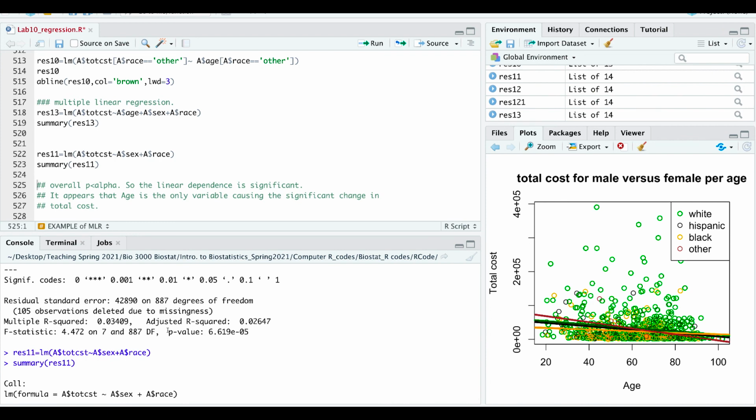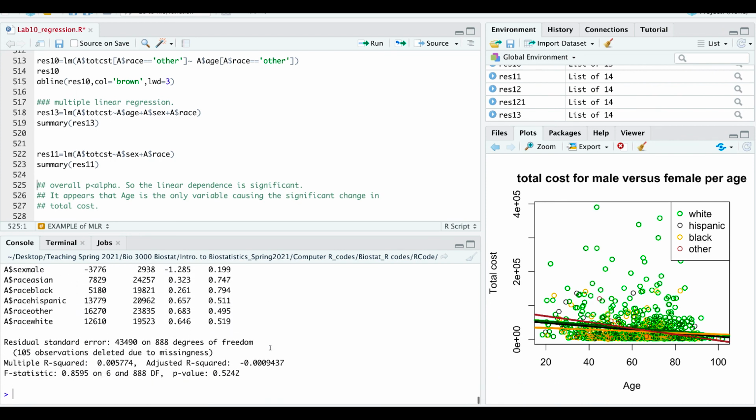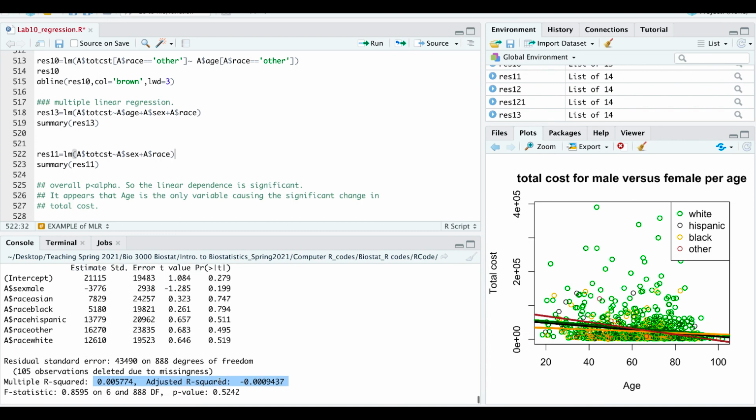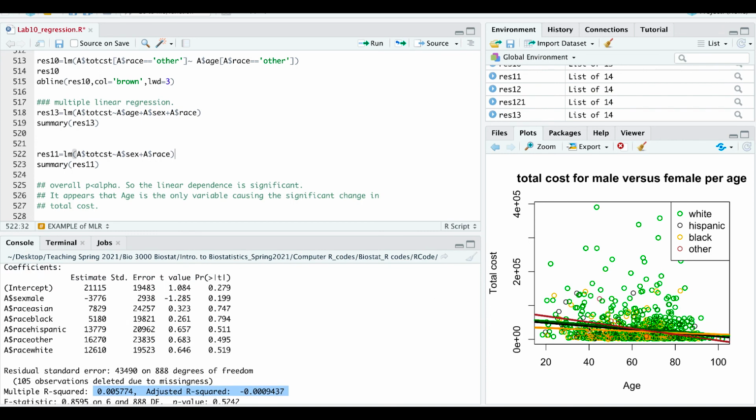Here the p-value was significant, but if you take the sex and race only, the p-value is not significant. By the way, R-squared is even smaller, so the data is not fitting the line, because the data is so scattered.